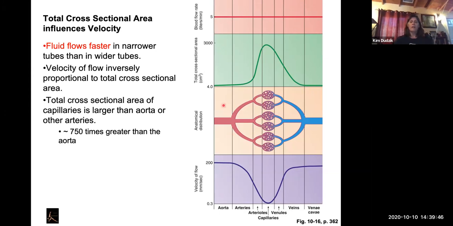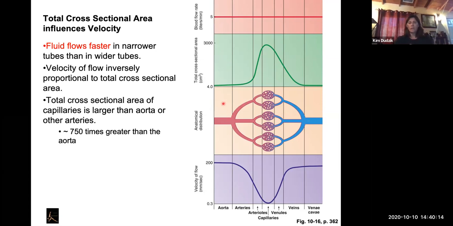Okay, this chart down here is just showing you stylistically our arteries, our largest arteries, the aorta, we have one, and then that branches into several arteries, which branch into even more arterioles, which branch into capillary beds, which go back into venules, and then our veins, and then the inferior or superior vena cava.